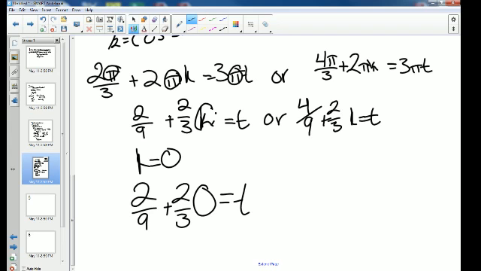For the first expression, therefore, t will equal 2 over 9 because the k term will equal 0.